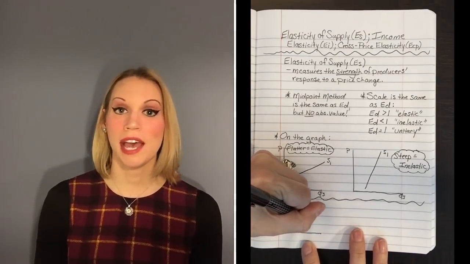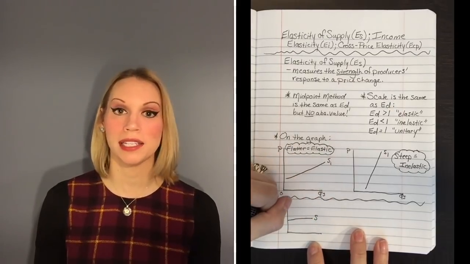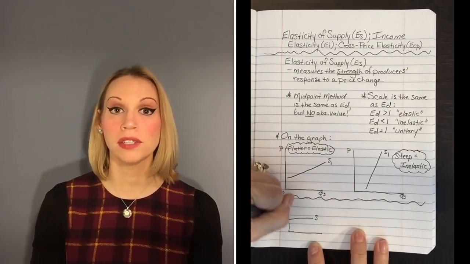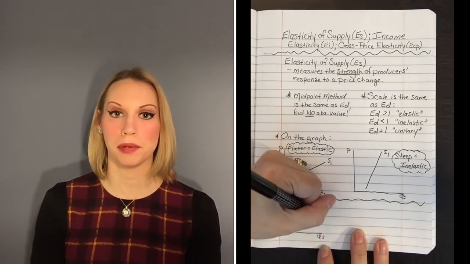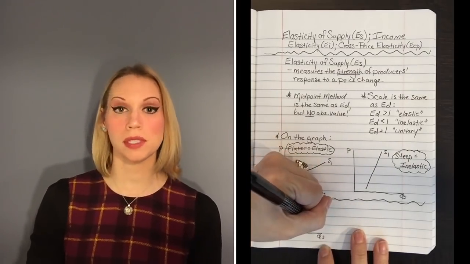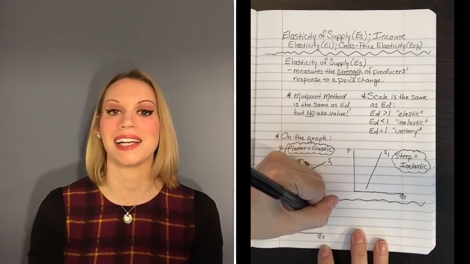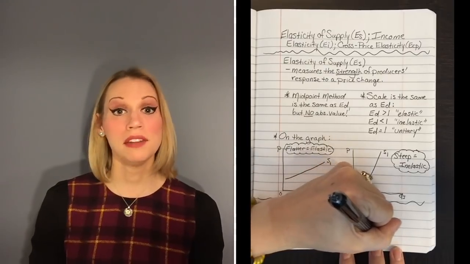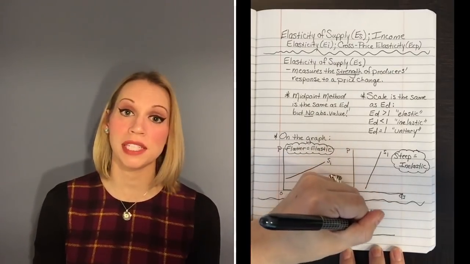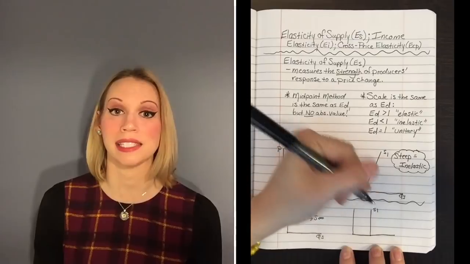You'll be glad to know that everything on the graph also applies. The flatter a supply curve, the more elastic the supply, the stronger the reaction by producers. The steeper the supply curve, the more inelastic the supply, so the less response by producers. In fact, we even have things like a perfectly inelastic and a perfectly elastic supply.